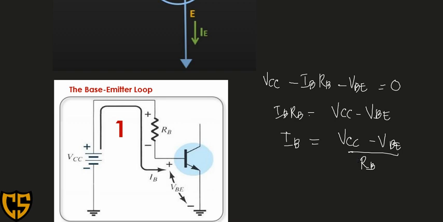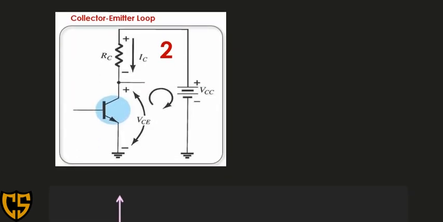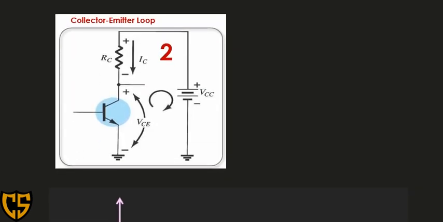Now we are going to analyze our output side, our output loop. This is referring to your collector-emitter loop. We will have VCC minus IC RC minus VCE is equal to 0.